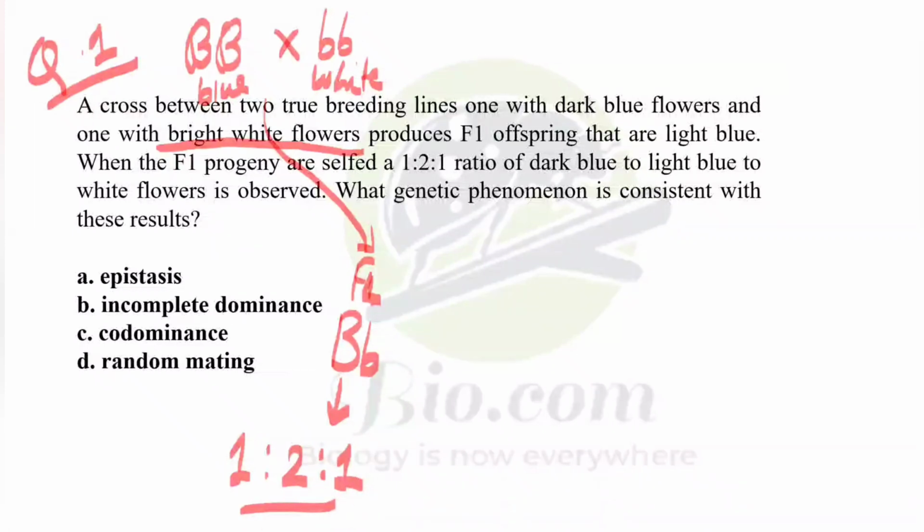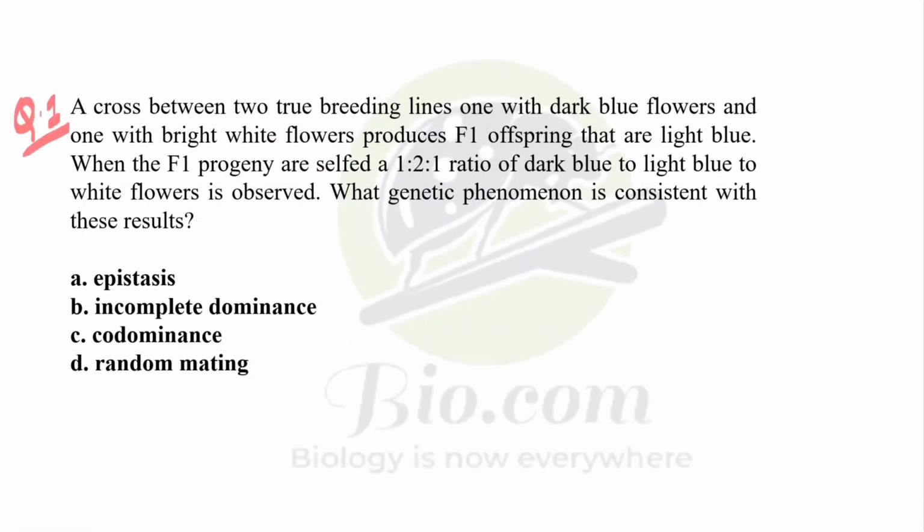You have to name which genetic phenomenon is occurring. You must be aware that this is not epistasis, this is incomplete dominance, this is not codominance, and this is not random mating. So the correct option is option B, that is incomplete dominance.